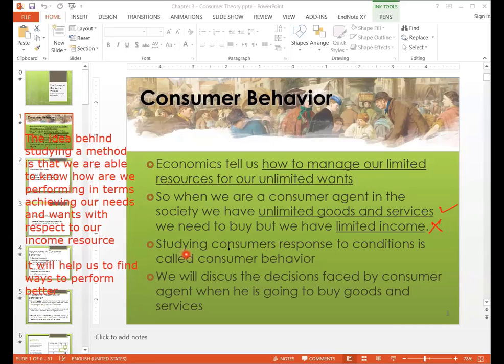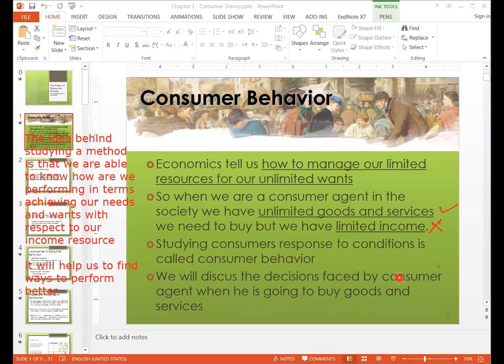Studying consumer response to conditions is called consumer behavior. The term consumer behavior means that we will be studying how the consumer responds if incomes, prices of goods, and other environment factors change. So in this chapter, we will discuss the decisions faced by the consumer agent when he is going to buy goods and services.